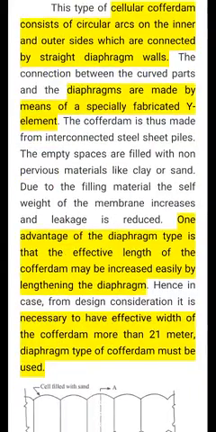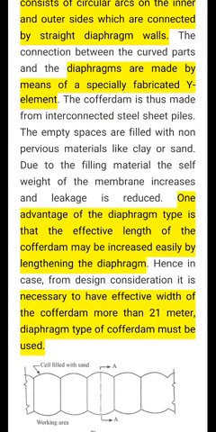One advantage of the diaphragm type is that the effective length of the cofferdam may be increased easily by lengthening the diaphragm, because it is a straight line. So effectively we can increase its length.